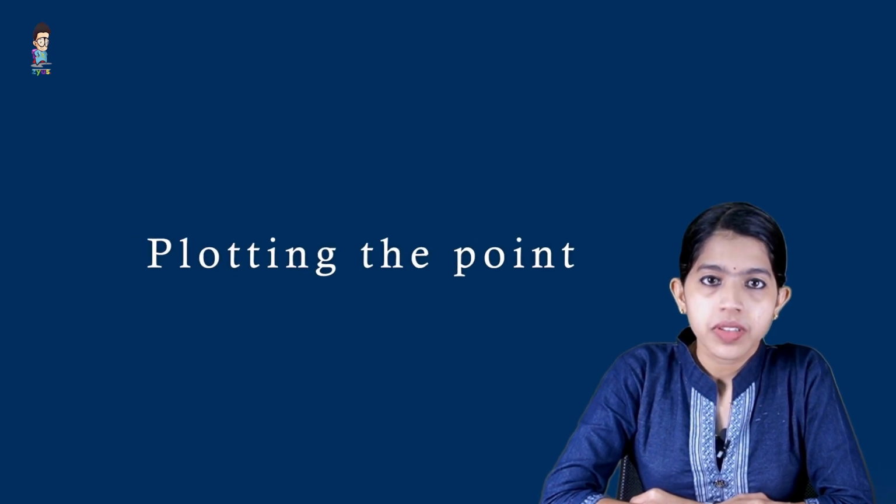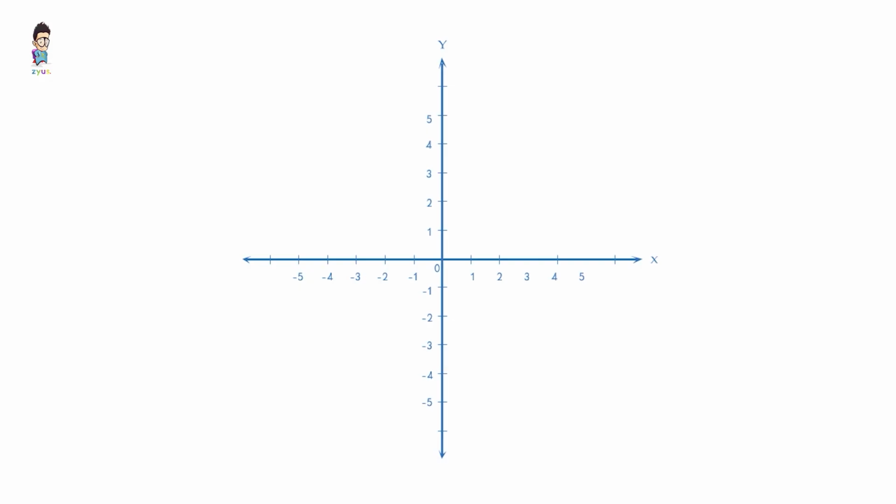Now we will see how to place these points when the coordinates of the points are given. This process is called plotting the point. Now consider the point 3, 5. We need to plot this point on the graph. The coordinates of the point 3, 5 tell us that the distance of the point from the y-axis along the positive x-axis is 3 units and the distance of the point from the x-axis along the positive y-axis is 5 units.